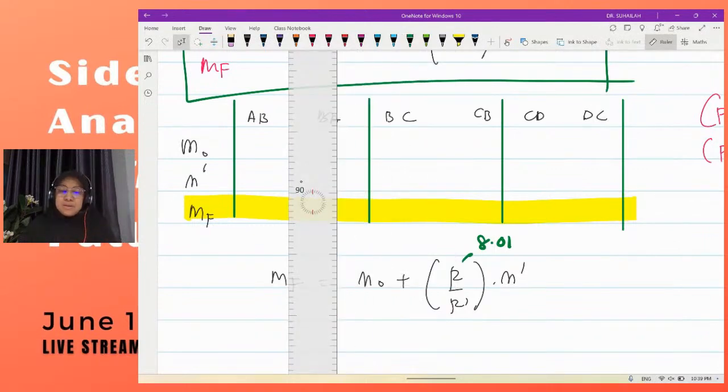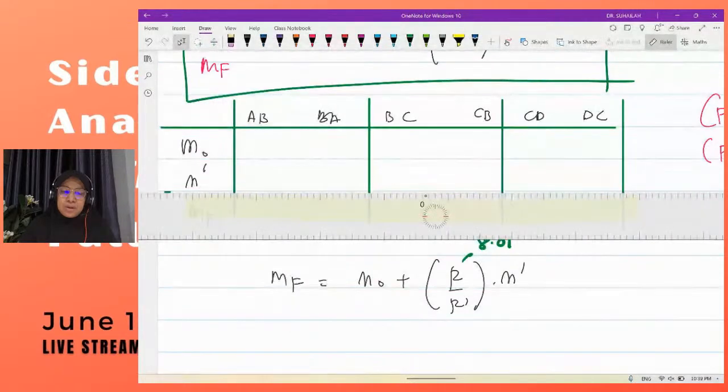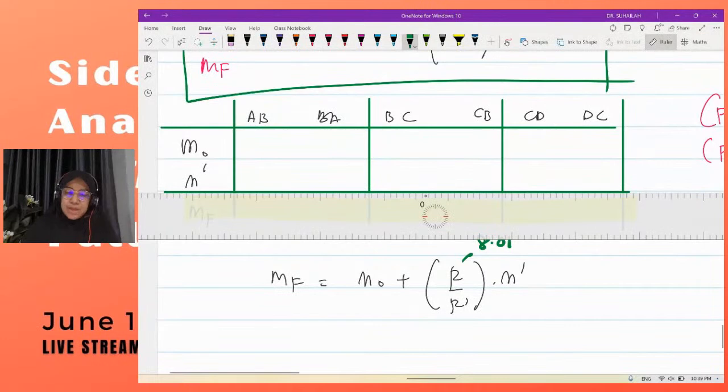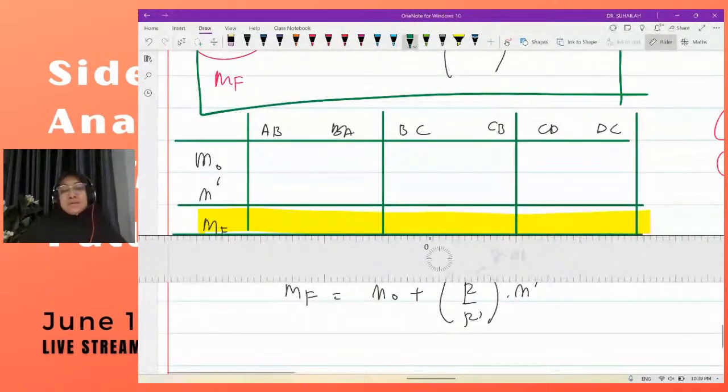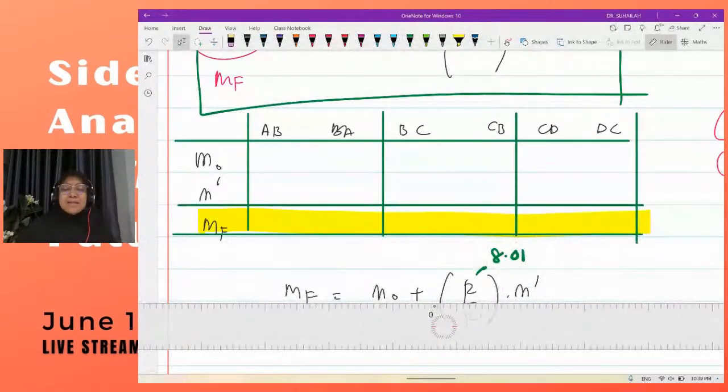So list back all M naught and M prime, so you get M final. So that's all. This is how we analyze a frame with side sway.